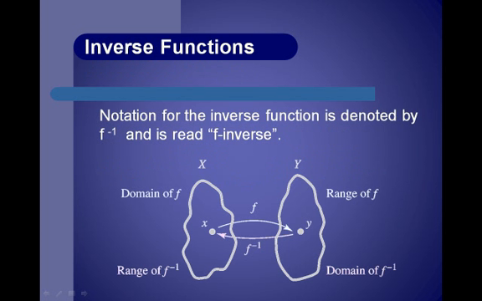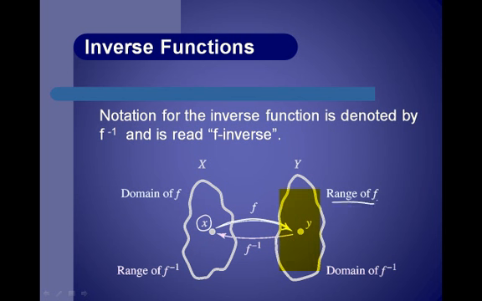Now, notation for the inverse function is denoted by f to the negative 1 power, and we read that as f inverse. Okay, if we go back to our pictures, this first picture represents the domain of f. So this is the set of all x values that are in the domain of f. Well, when you apply f to those domains, that gives you y, which is the range of f.